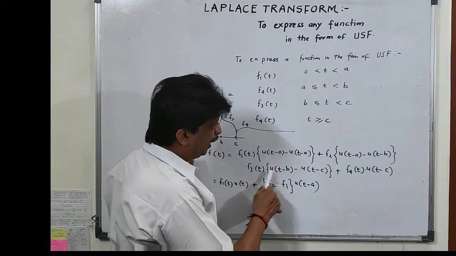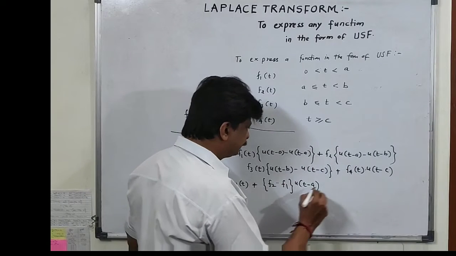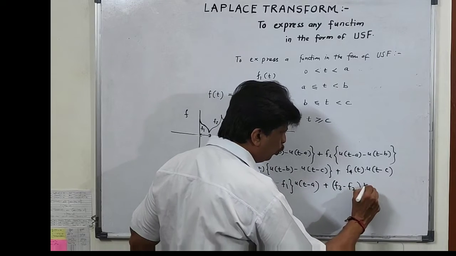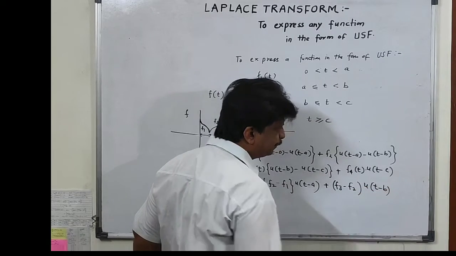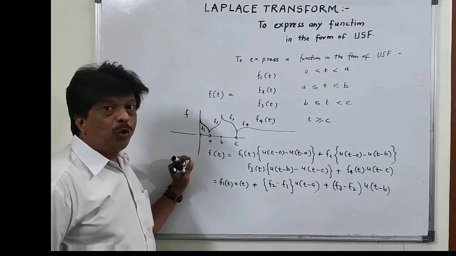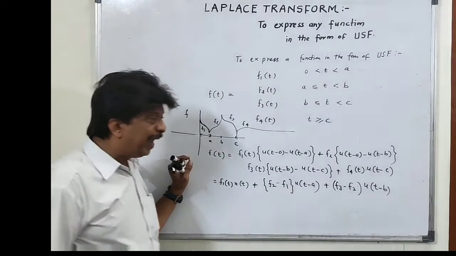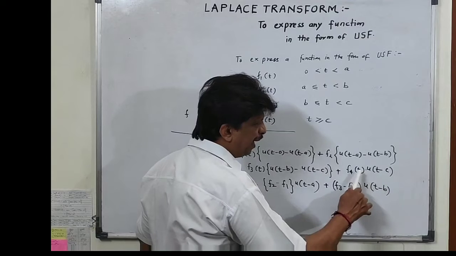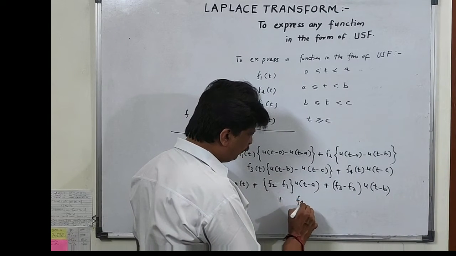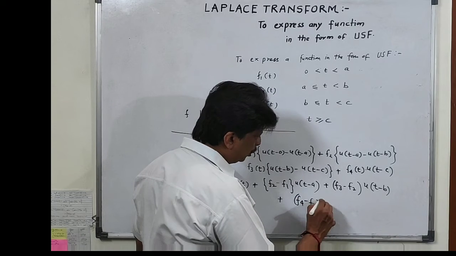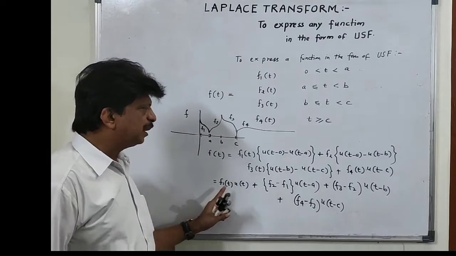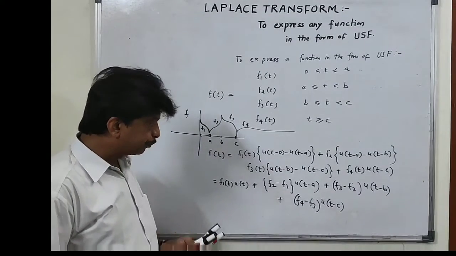It is f3 minus f2 times u of t minus b. And what is the multiple of u of t minus c? It is f4 minus f3, plus f4 minus f3 times u of t minus c. This has now been written in a condensed form.